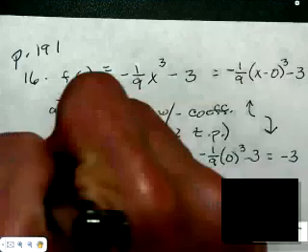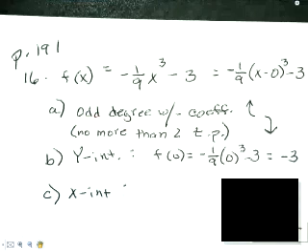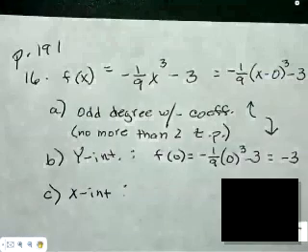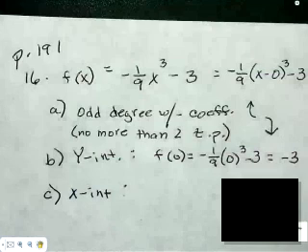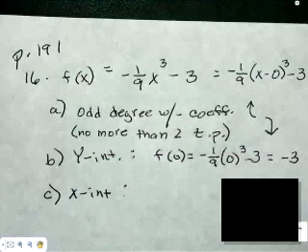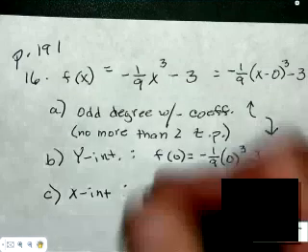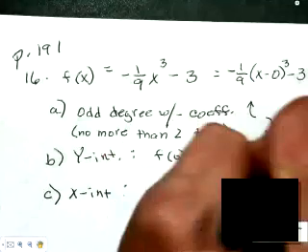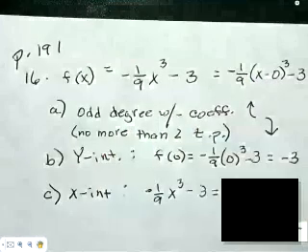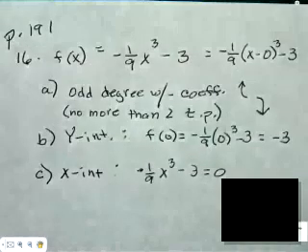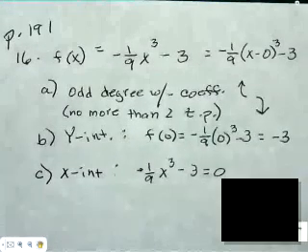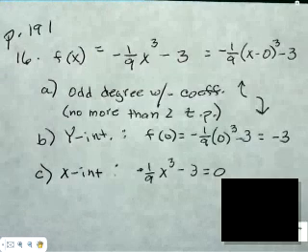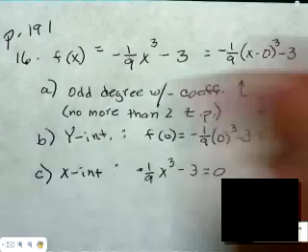And then in part C, how do you find an x-intercept? Set the whole thing equal to 0 because you're letting y be 0. Negative 1/9 x cubed minus 3 equals 0. And how do you solve that equation? Yeah, go ahead and get the x cubed by itself.